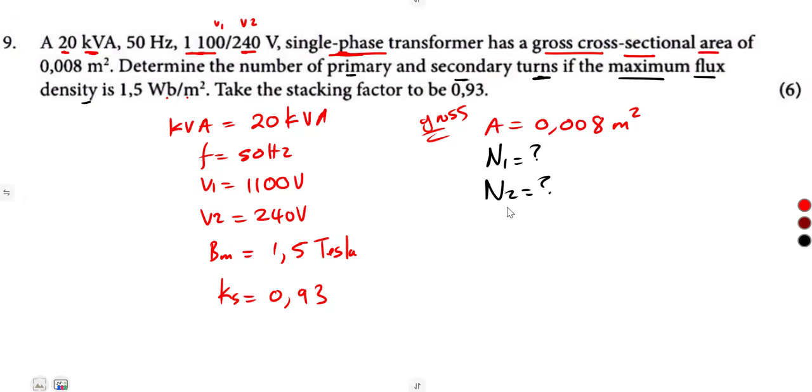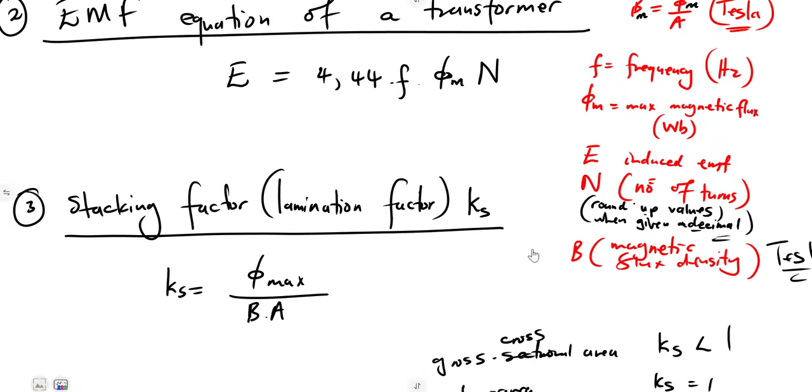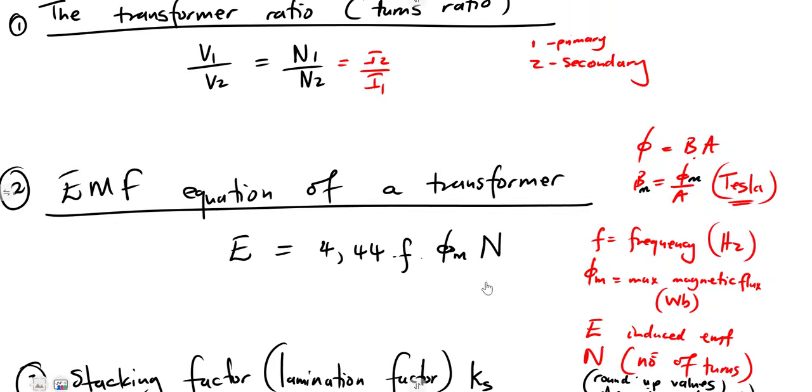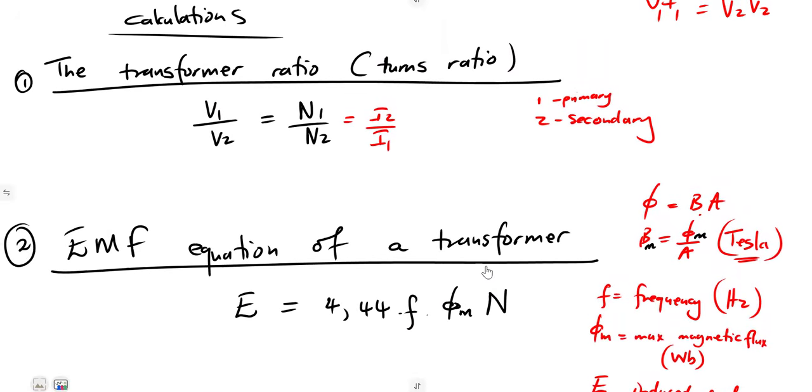What can we do? What can we actually do? All right. Let us figure out where we have N1 and N2 from our EMF equation. We have got N1 and N2 from the EMF equation. Remember this condition, E1 and E2, just taken from V1 and V2, all right?